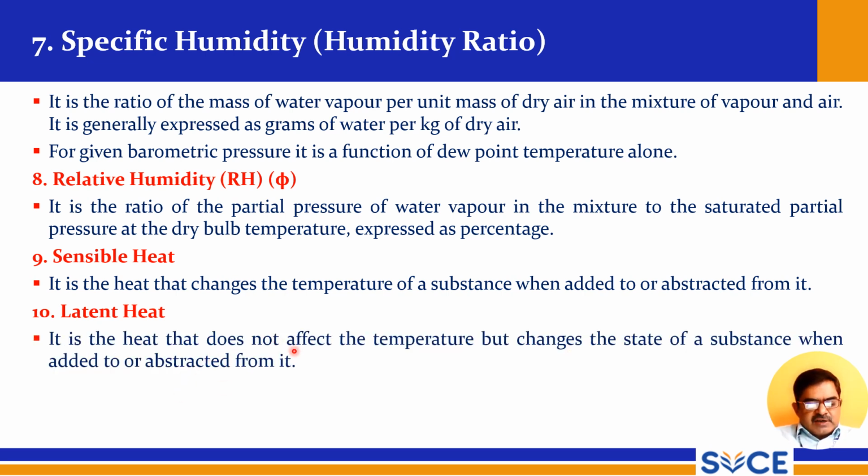It is the heat that does not affect the temperature but changes the state of a substance when added to or subtracted from it. So it can change the phase or the state of a substance. This is the heat responsible for changing one state to another state of that substance.